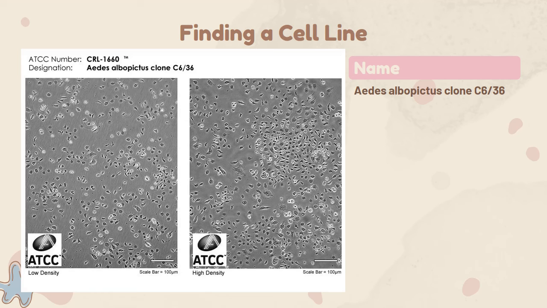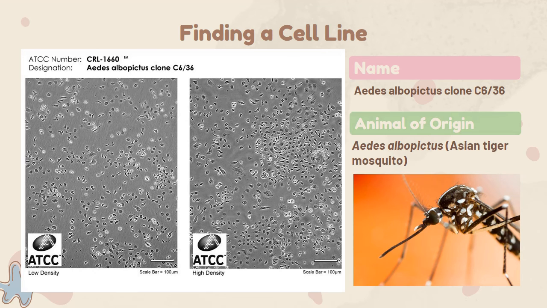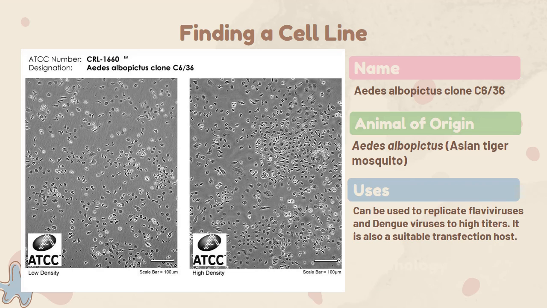We call this cell line the Aedes albopictus clone C636, or C636 for short. It originated from Aedes albopictus, also known by its common name, Asian tiger mosquito. Aside from its application for 3D cell culture, it is specifically used to clone flaviviruses and dengue viruses to high titers.